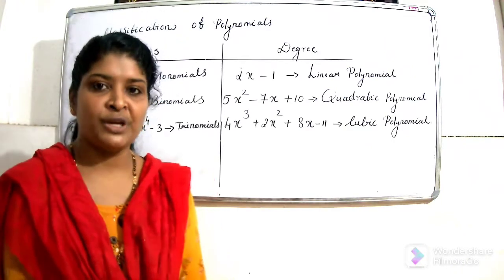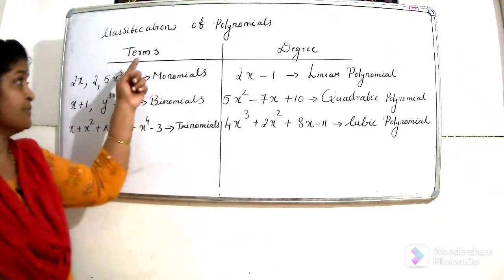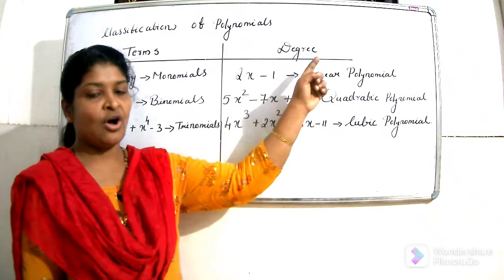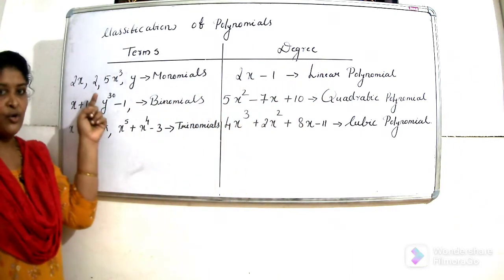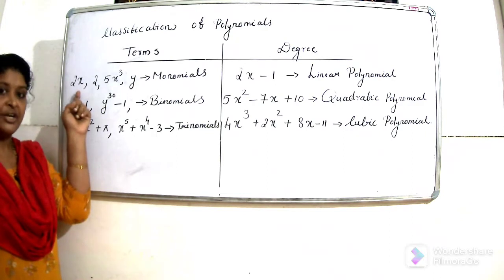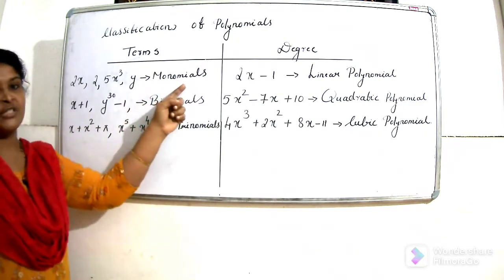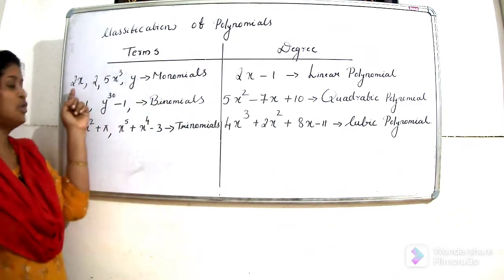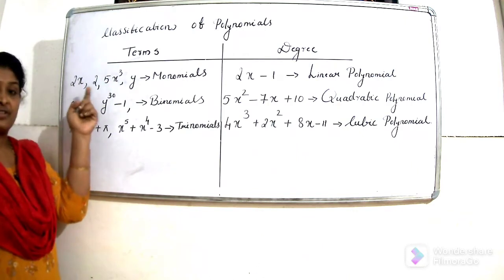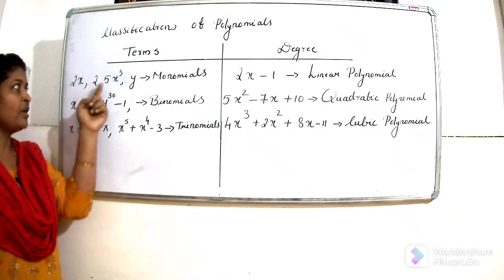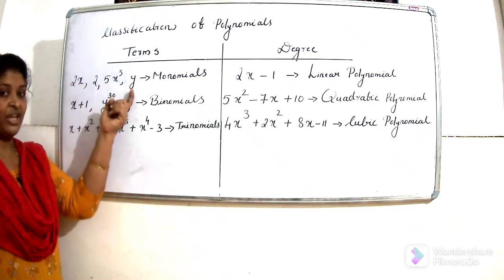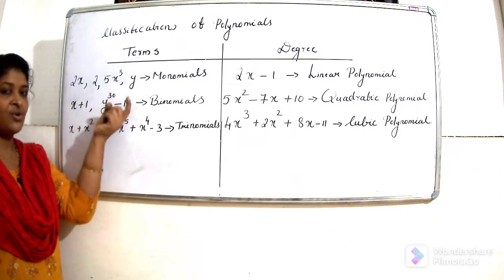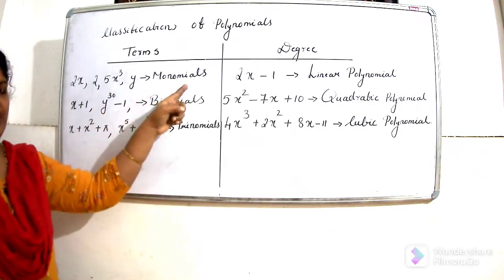Classification of polynomials on the basis of terms and powers or degree. In polynomials, if a polynomial has only one term, then it is known as a monomial. For example, 2x. If only a digit is coming, then also it is a monomial. 5x cube is a monomial. If only the letter y came, then also it is a monomial.